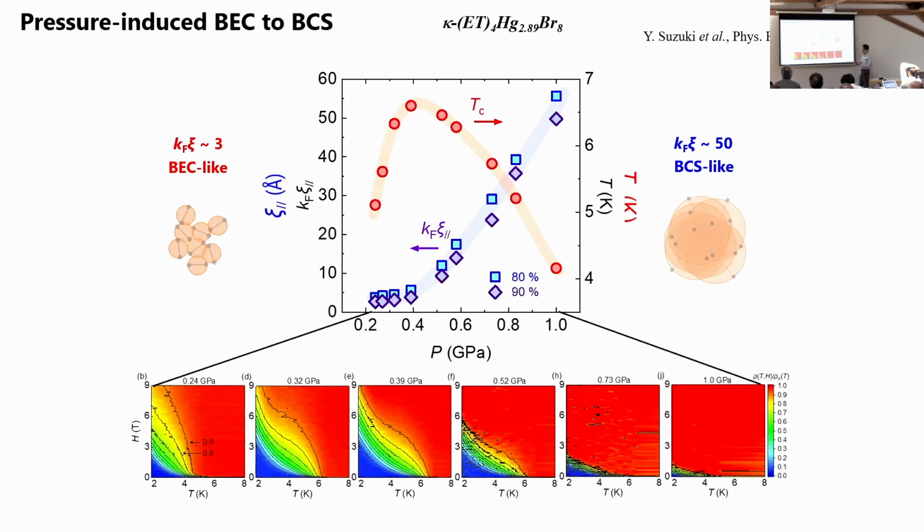This means that the overlapping of the Cooper pairs is very small. However, at high pressures, kFξ is 50 or 60. Many Cooper pairs overlap, as expected in conventional BCS. So from these results, we think that this is a pressure-induced BEC to BCS crossover.